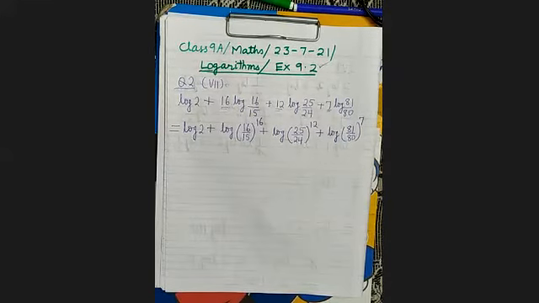The smallest prime number is 2, then 3, then 5, then 7, then 11, 13, 17, 19, 23. These are the prime numbers.